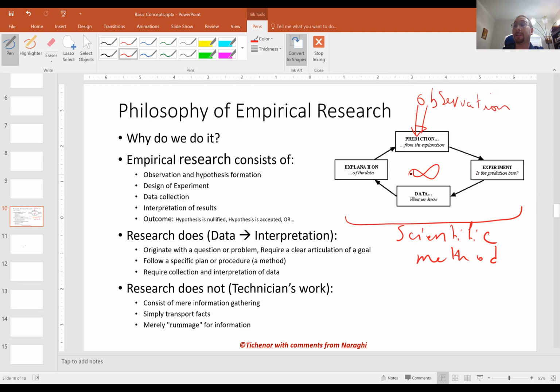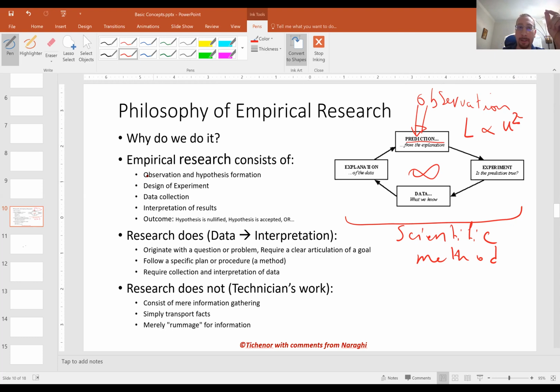So, for instance, an observation could be that lift is proportional to velocity to the power of 2. And the way we put it here is as a hypothesis. That's why we call it the prediction. It's a falsifiable hypothesis. That's very important.